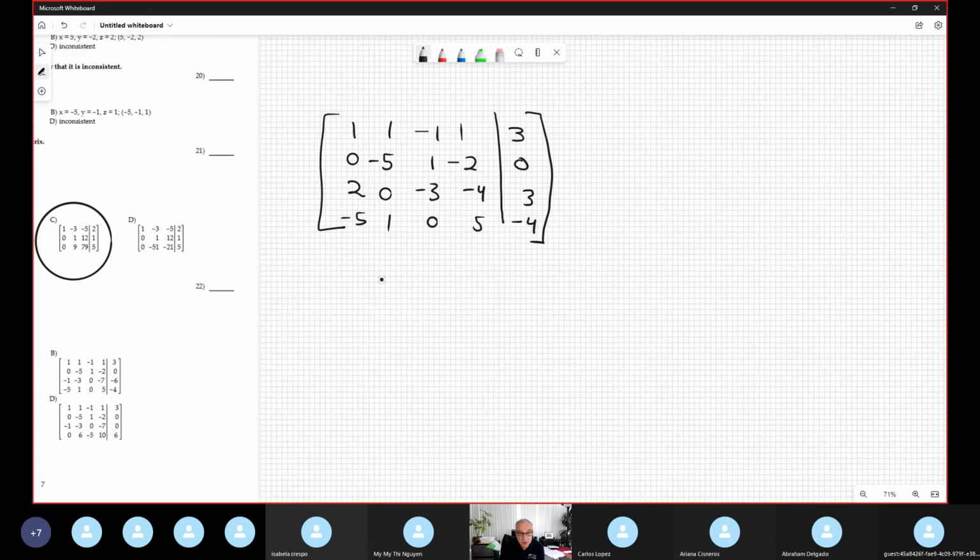By the way, guys, this matrix contains 4 rows and 5 columns: row 1, row 2, row 3, and row 4. It's important because we are doing row operations.